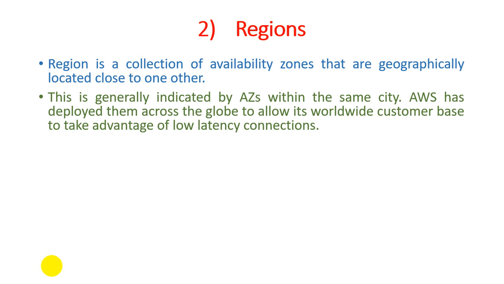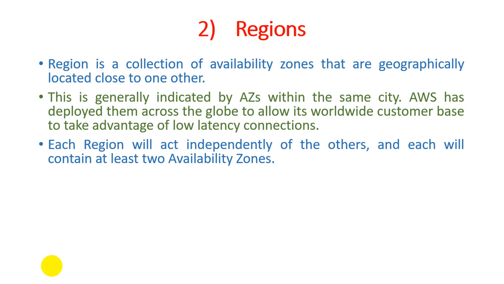AWS has deployed them across the globe to allow its worldwide customer base to take advantage of low latency connections, because a region is actually a collection of multiple AZs. Each region will act independently of the others, and each will contain at least two availability zones, as we discussed on the previous slide. So as per the previous slide, in a single region you must have at least two AZs because of higher availability and network traffic resolution.